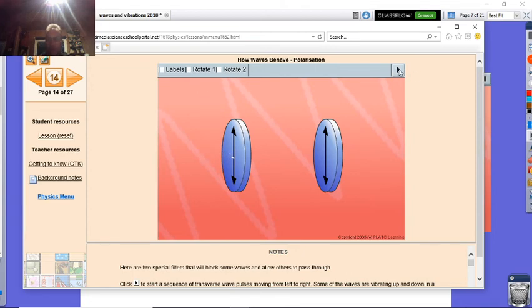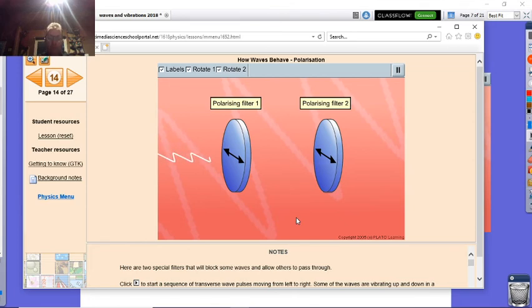So if I pause it here and rotate number 1 and rotate number 2, oh, but they were on as well. There you go. If I send a wave through now, is it going to arrive? No. Oh, there you go. This wave is vibrating in the horizontal plane. That will allow it through because it's in the same orientation, and that will allow it through as well.